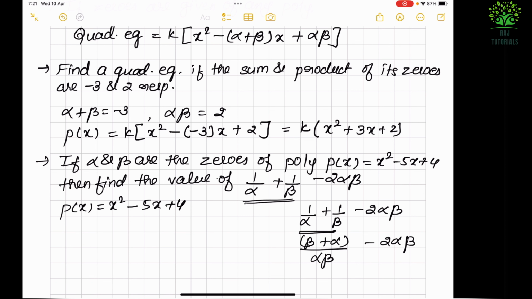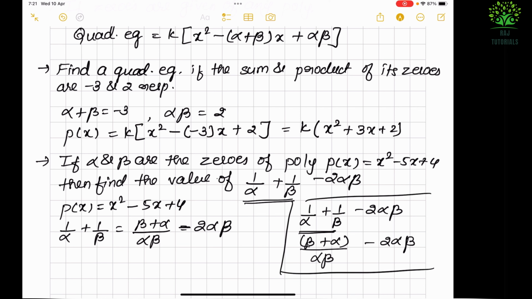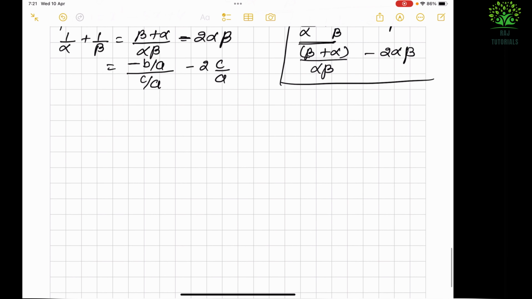So 1 upon alpha plus 1 upon beta will be equal to beta plus alpha upon alpha beta. So alpha plus beta means minus b by a, whole upon alpha beta means c by a, minus 2c by a. Now if I solve it more precisely, I will get minus b by a into a by c. So a cancels, minus 2c by a.